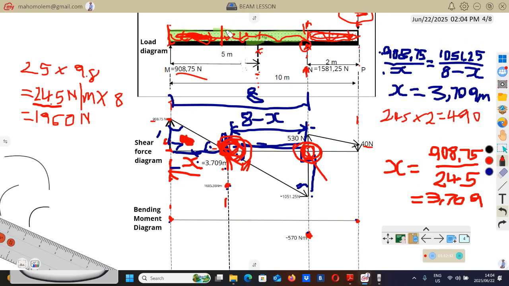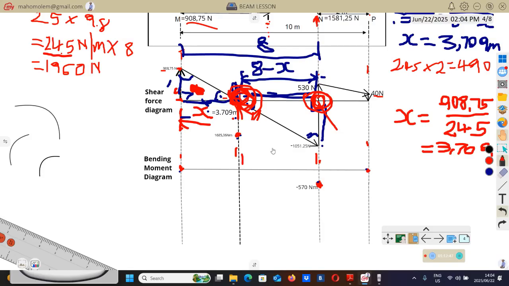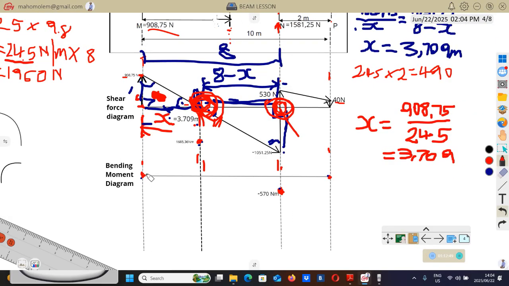The same thing throughout here, between this point and this one, there is UDL, you will use a curve. Between this point and this one, there is UDL. We're going to use the curves to join these points.